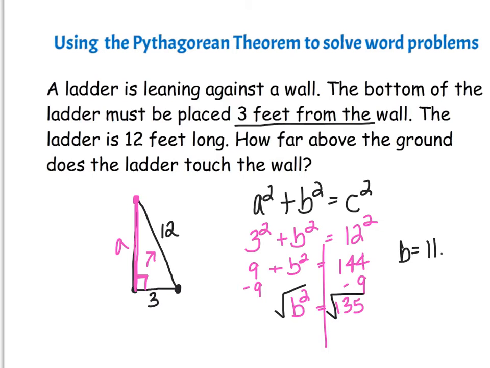So in my calculator, I get 11.61 because there's no whole number that when I multiply it by itself gives me 135. So I look to the second number. 1 is going to make the 6 stay the same. So 11.6 feet is how tall my wall is and how far above the ground my ladder touches my wall.